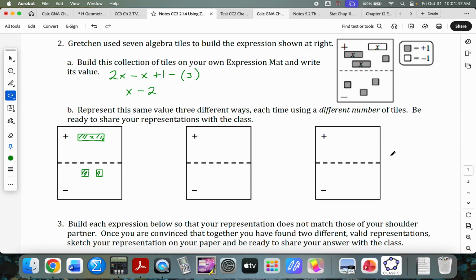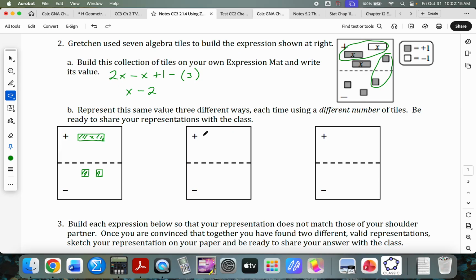Yeah. That's the same because, look at this. What do those two together make? 0. And what do these two together make? 0. And isn't that what I've drawn here? Okay.